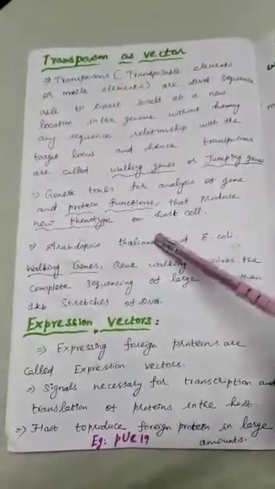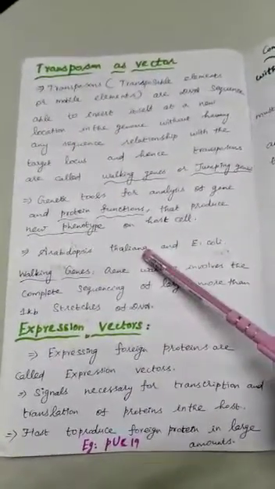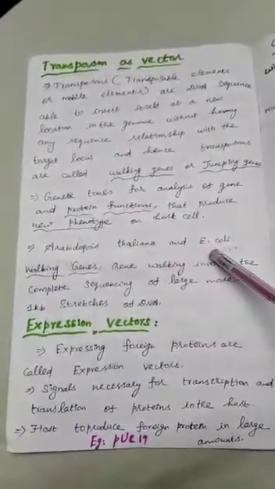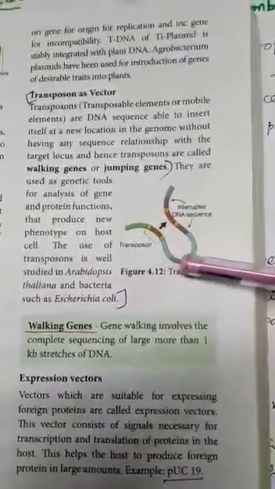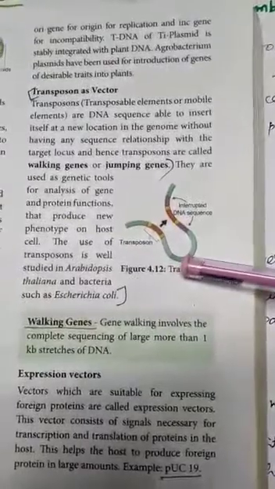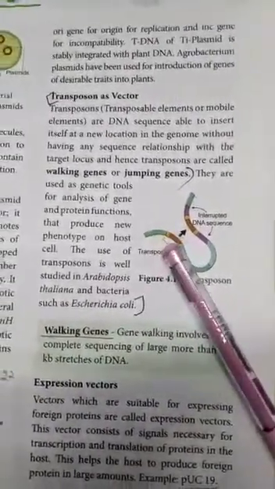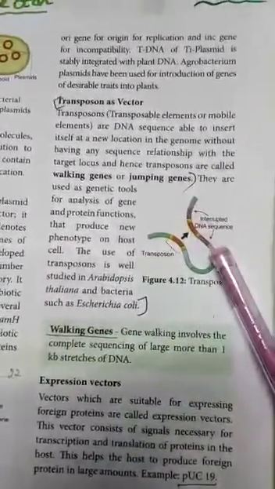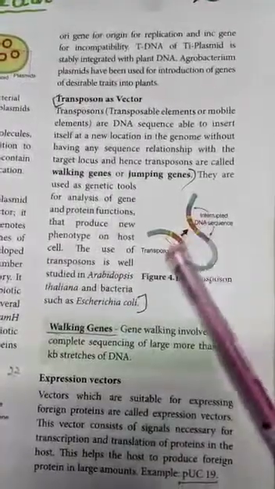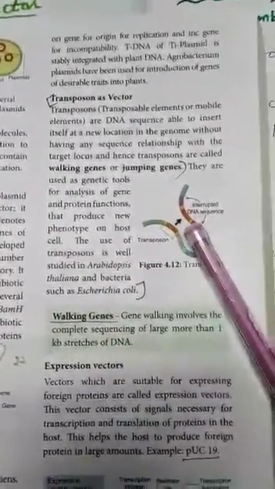Arabidopsis thaliana is a mustard family plant, and another one is E. coli, a prokaryotic cell. Here is the diagrammatic expression of jumping genes. The transposon is present here and easily invades and interrupts the DNA sequence. So we can easily say walking genes or jumping genes.